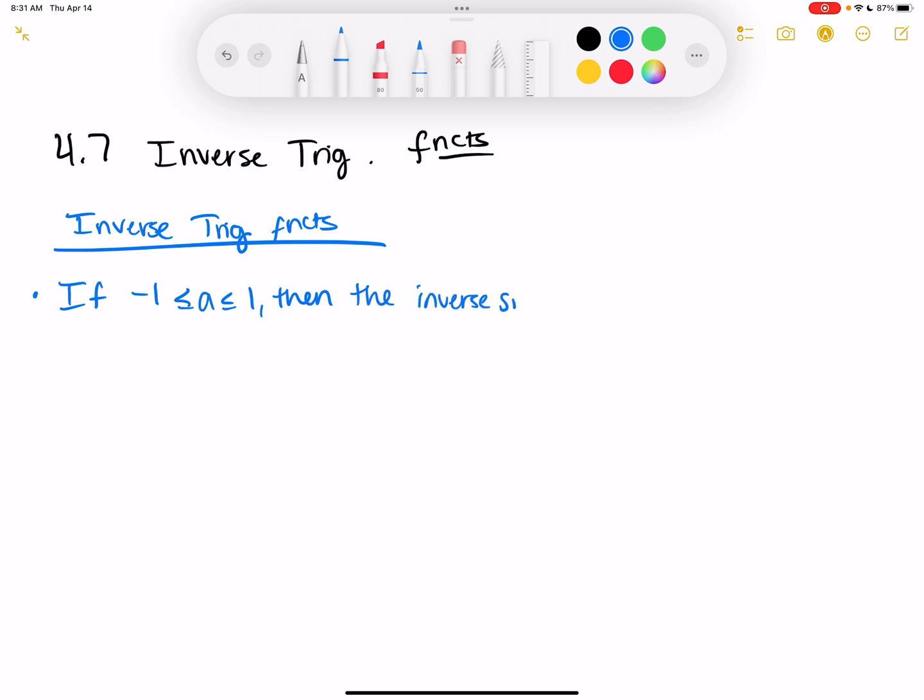What does it say? -1 is less than or equal to a, less than or equal to 1. I thought it did too. I was like, is that an S? From a distance, the less than or equal to looks like an S. Yesterday was a hot mess, we were so confused. It's carrying into today. My brain is just foggy.